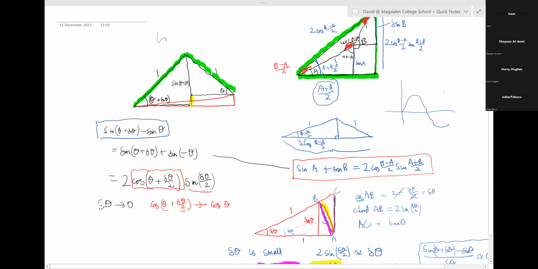Oops, that's not a cos wave. It's a trig function, but it's not a cos wave. So here's my cos wave.